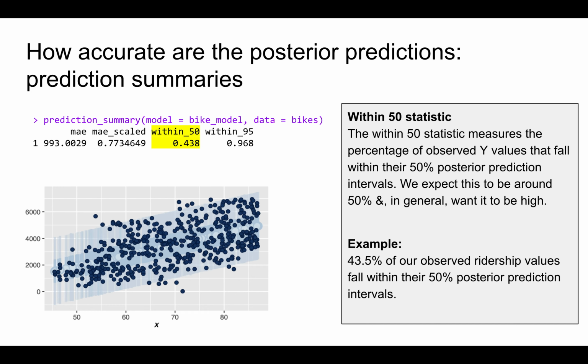In our example, 43.5% of our observed ridership values fall within their 50% posterior prediction intervals. Or 43% of these blue dots fall within the corresponding narrow blue lines. Now, this isn't terrible, but it does suggest that observed ridership outcomes might fall more into the tails of their posterior predictive models than at the center of these models.